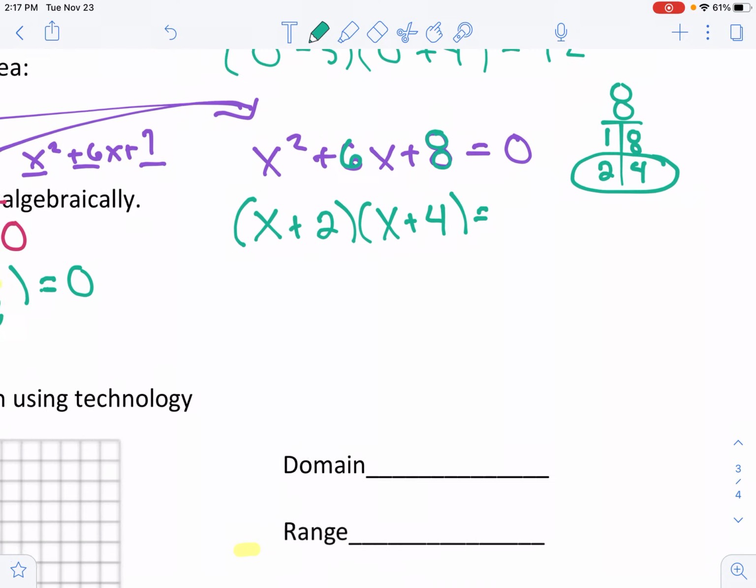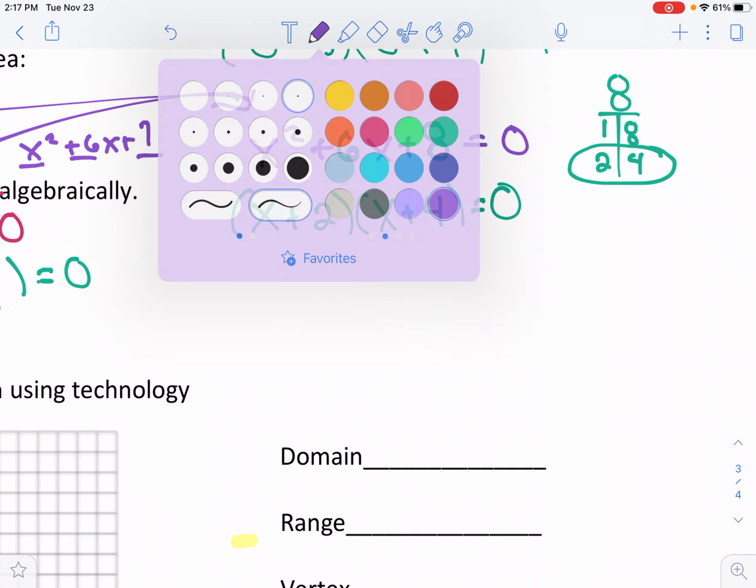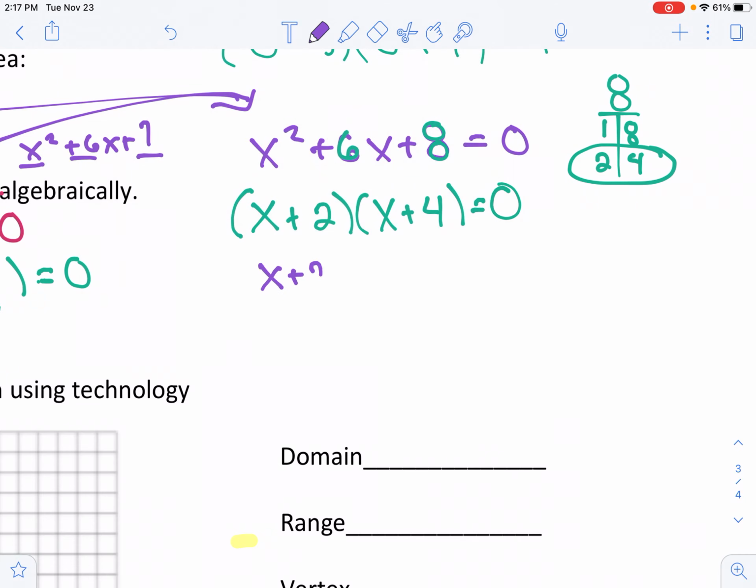All right. And now I could keep going. I could set the binomial equations equal to 0 and solve. So minus 2, minus 2. I know it's going to cross the x-axis at negative 2.